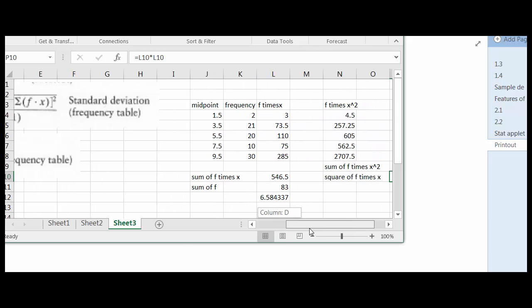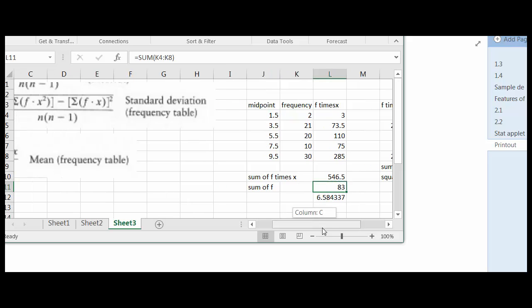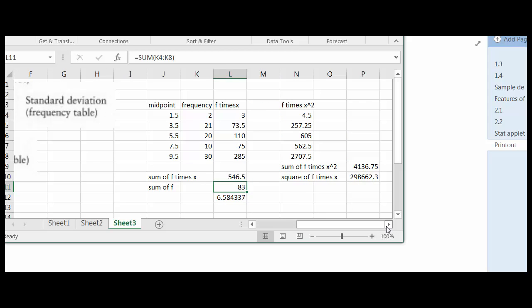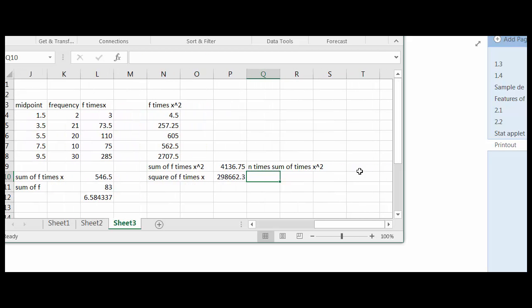The n is the number of frequencies, so that's actually this 83 that we found earlier. So n times the sum of f times x squared. That's going to be this number times n, which is the 83.